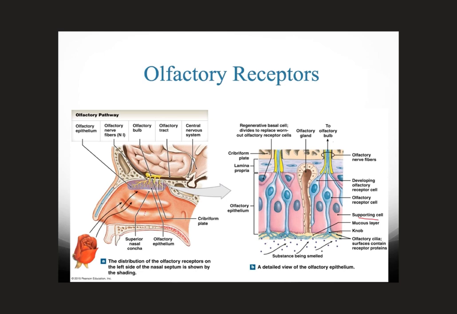And we also have one more cell that we should talk about. We're going to have these basal cells, which basically are your stem cells. And these stem cells are going to divide to replace olfactory receptor cells that die after a while. So you do have olfactory receptors that are replaced as you lose them.